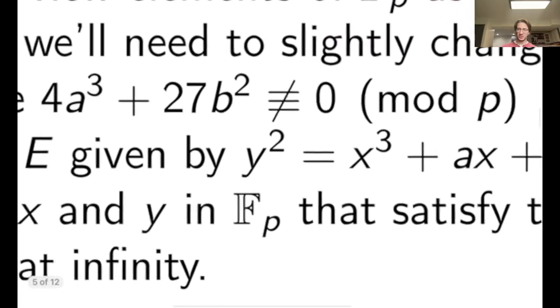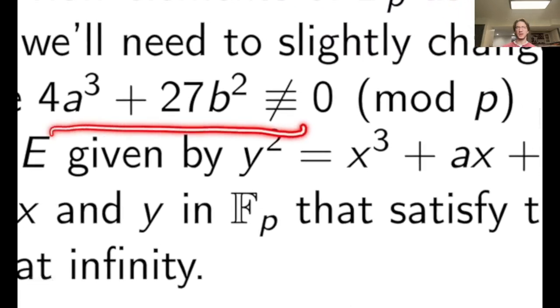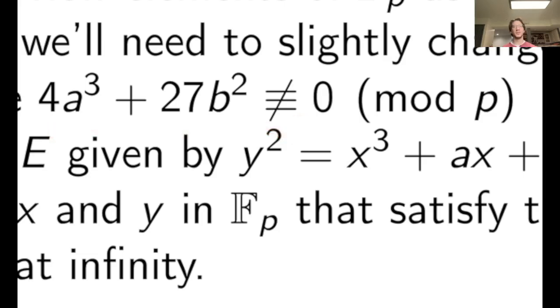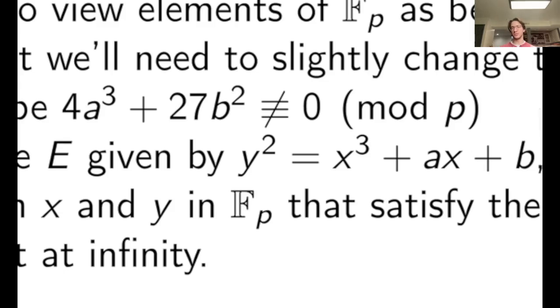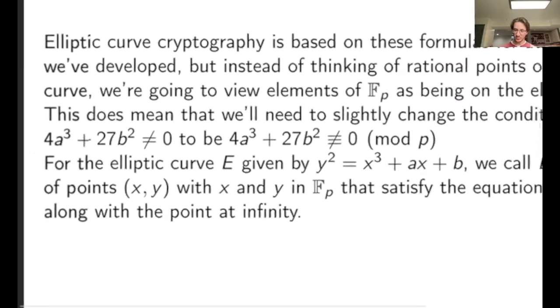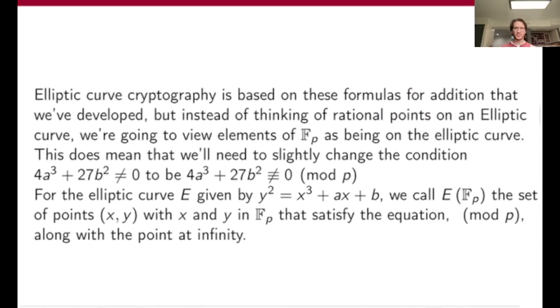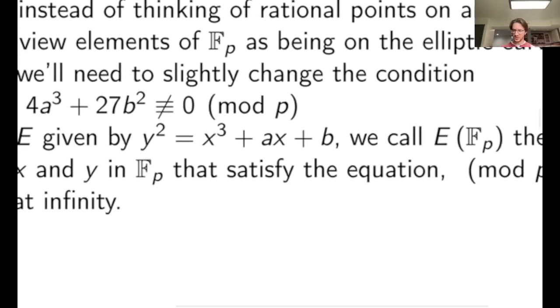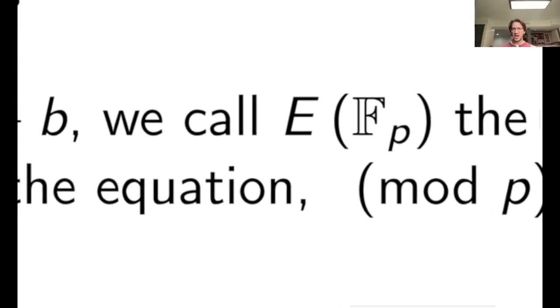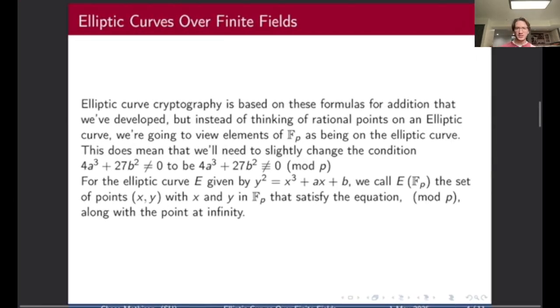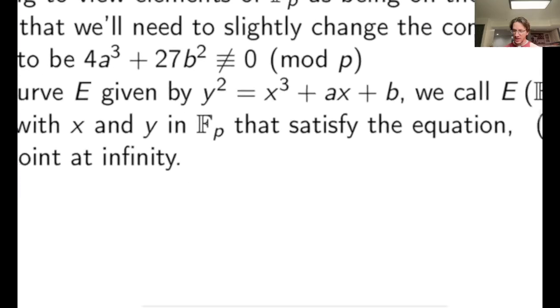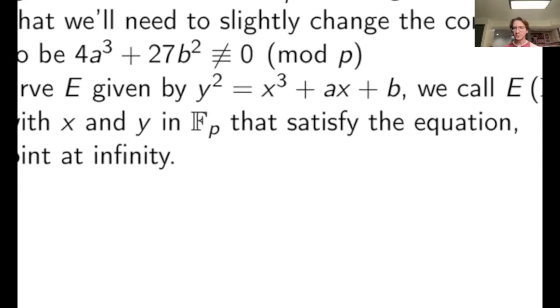We need to change that now, if we're viewing this elliptic curve as consisting of points in FP, to 4a cubed plus 27b squared is not equivalent to 0 mod P. Okay. So for the elliptic curve E given by y squared equals x cubed plus ax plus b, I'm going to call E(FP) the set of points that satisfy this equation mod P, with elements x and y from FP.